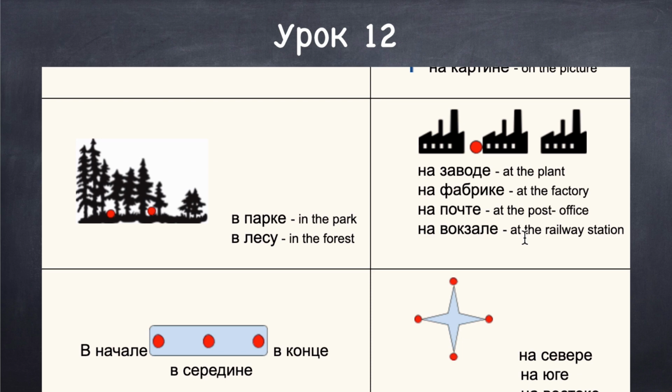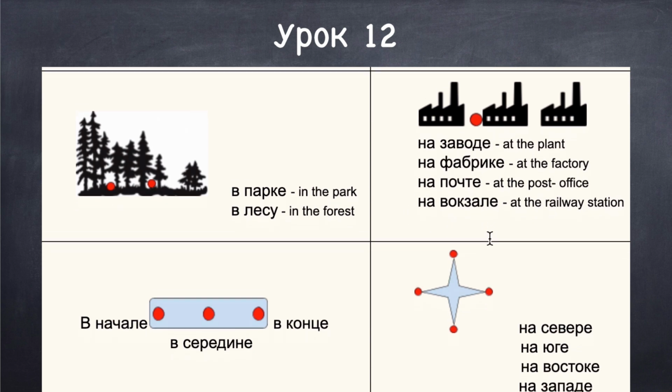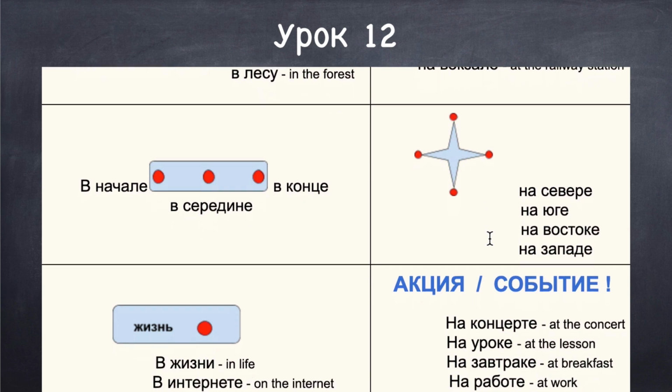You will see that they're listed as exceptions, but I prefer to use some logic here. The logic behind it is that the post office and railway station used to be open places without buildings. Nowadays, of course, we have buildings, but it used to be an open place. На почте, на вокзале. Just a way to memorize it, okay?